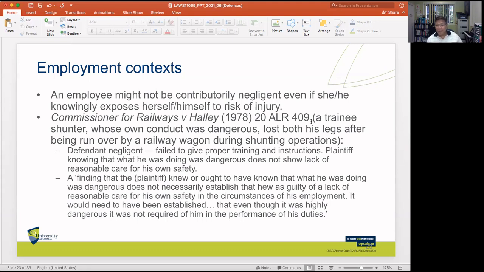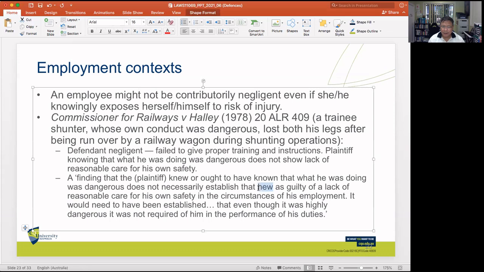So the court said that a finding that the plaintiff knew or ought to have known that what he was doing was dangerous does not necessarily establish that he was guilty of a lack of reasonable care for his own safety in the circumstances of his employment. It would have to be established that even though it was highly dangerous, it was not required of him in the performance of duty.